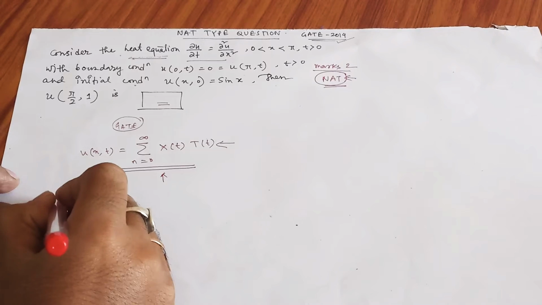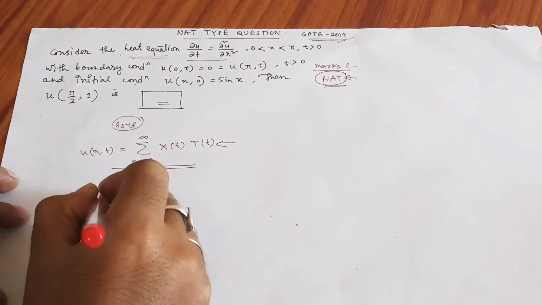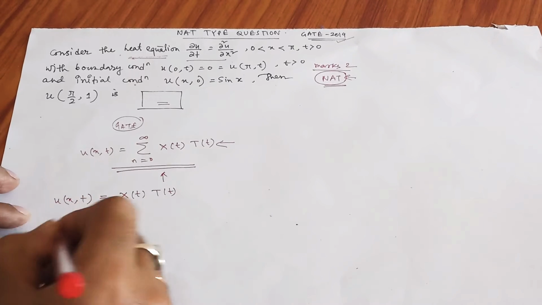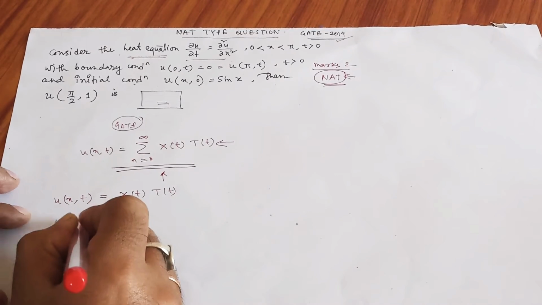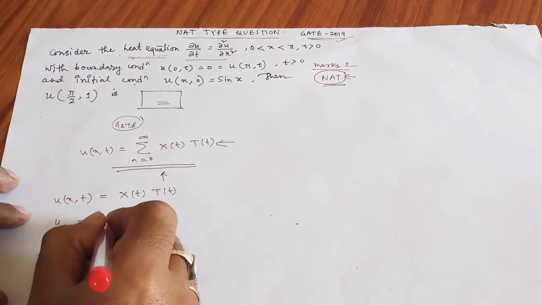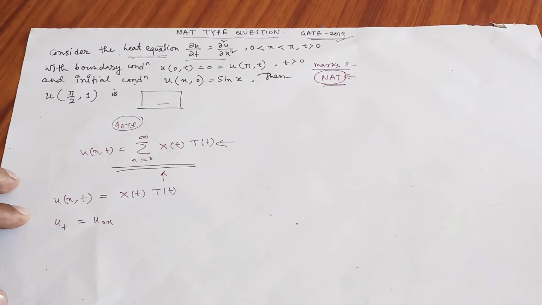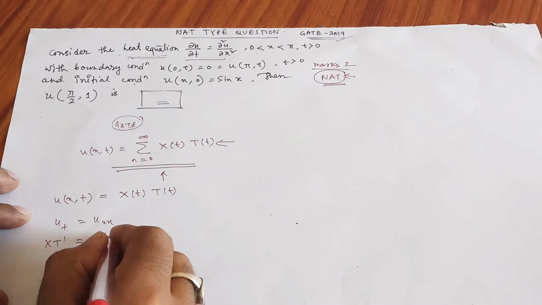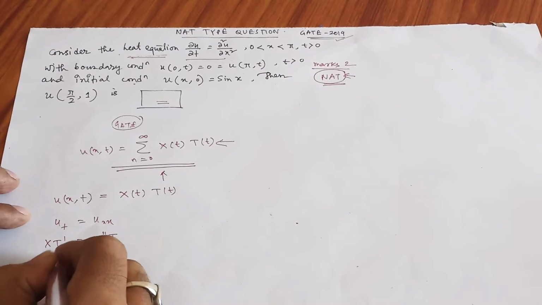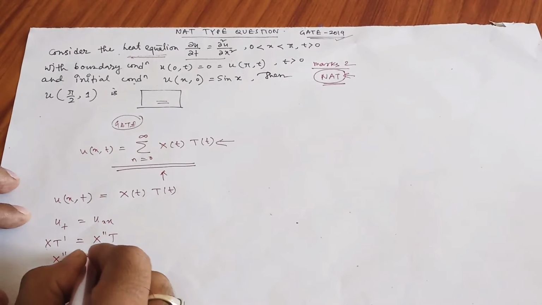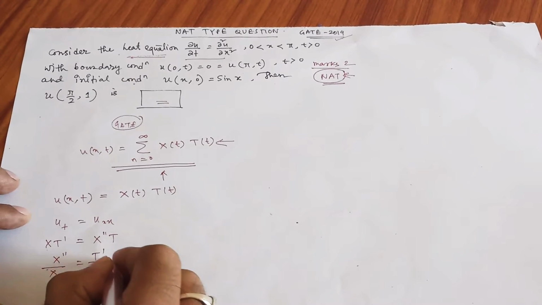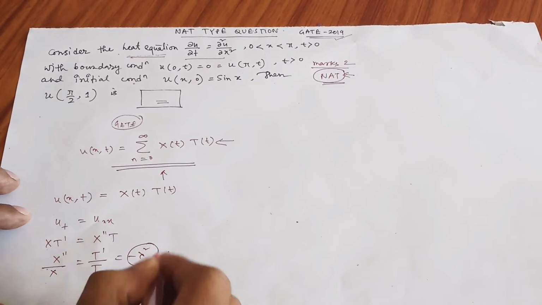So look at u(x,t), it is given, and obviously we treat it this way, and in the question it is given u_t equal to u_xx. So here it will be this one and this stuff. Now you just need to manipulate all the things, taking here minus lambda square.